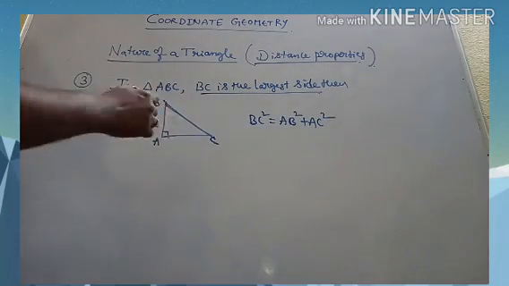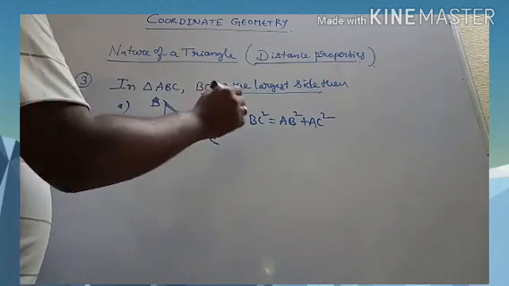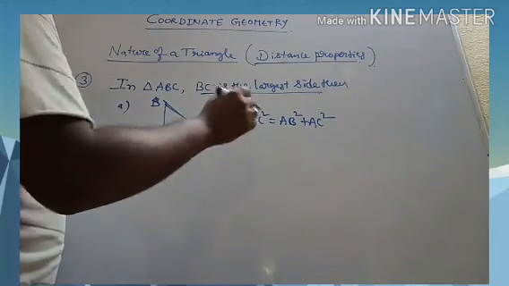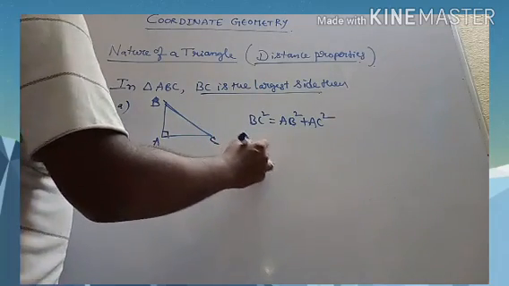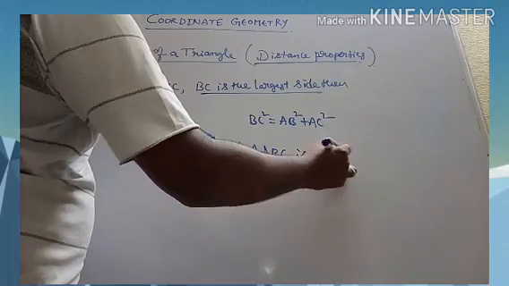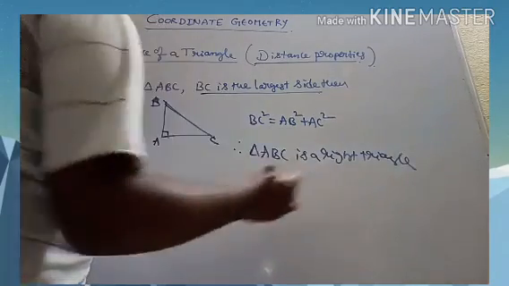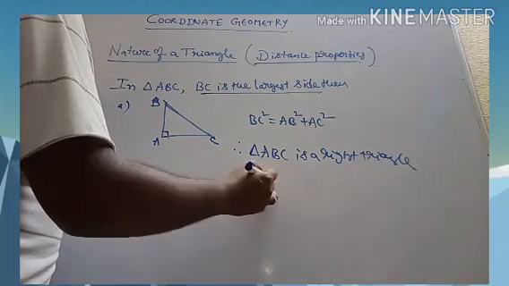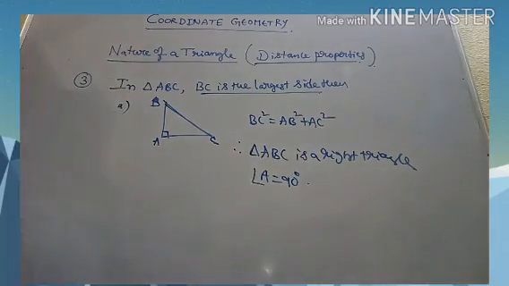If the triangle satisfies BC square equals AB square plus AC square, then we can say triangle ABC is a right triangle, with angle A equal to 90 degrees.